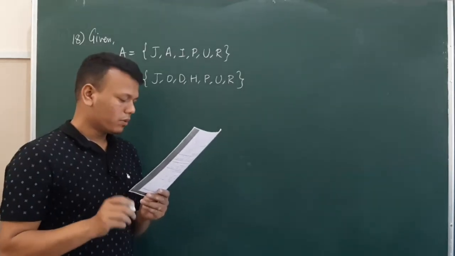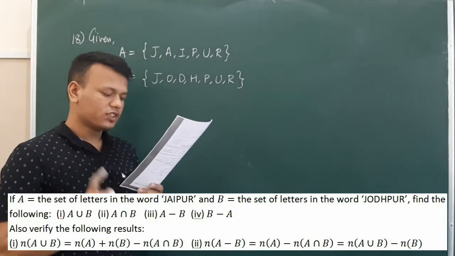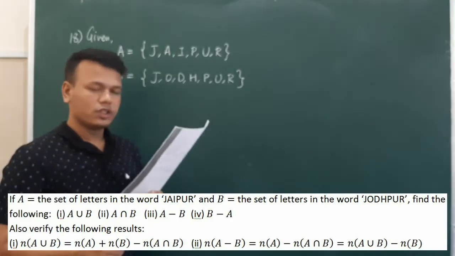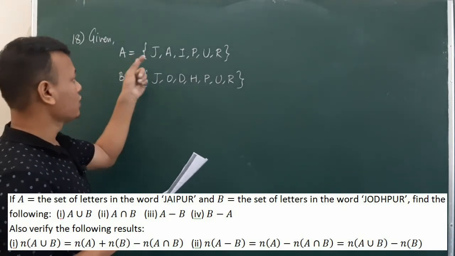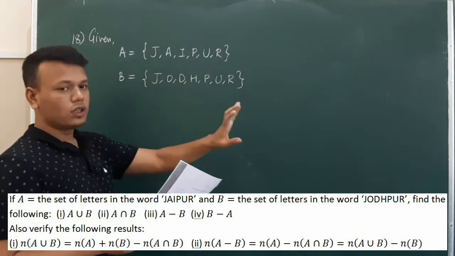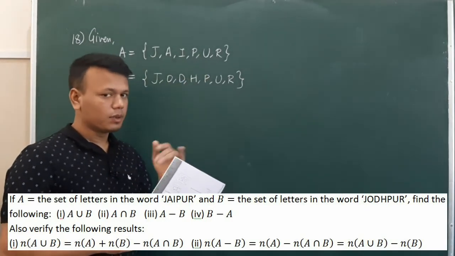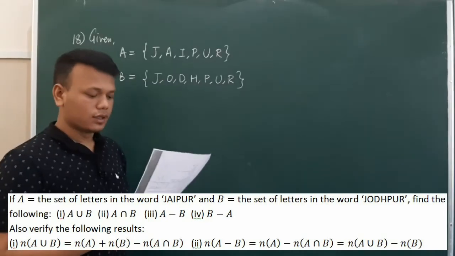So let me take question number 18. Question C is: if A equals the set of letters in the word Jaipur. So A is a set which contains the letters of the word Jaipur. In Jaipur all the letters are distinct, none of them repeat, so all the letters come inside the set.